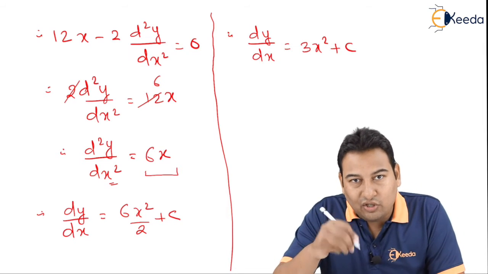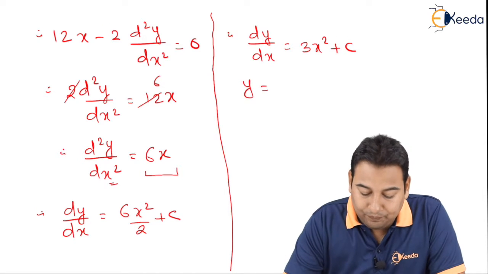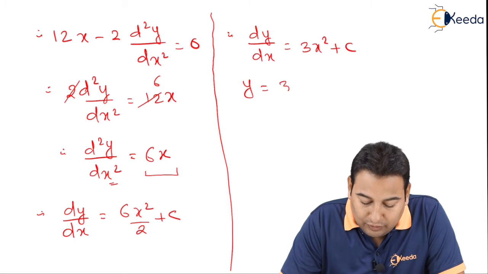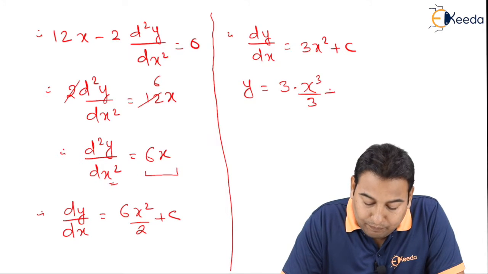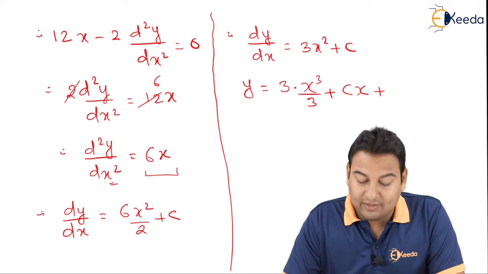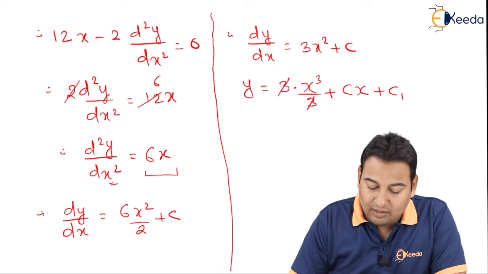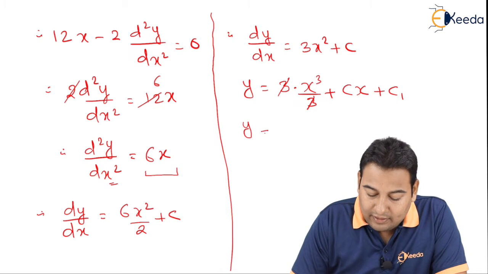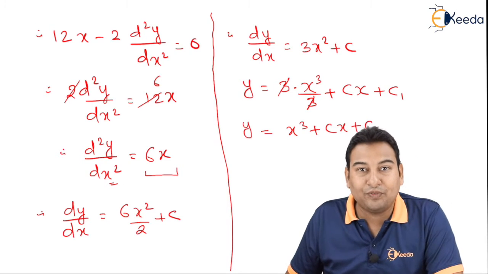To get y, we need to integrate one more time. Therefore, y is equal to 3 x square integration is x cube by 3, plus c integration is cx plus constant of integration, that is c1. We'll get y is equal to x cube plus cx plus c1.